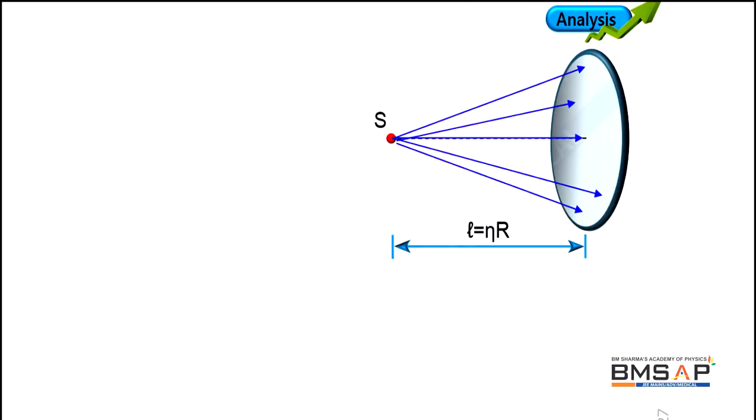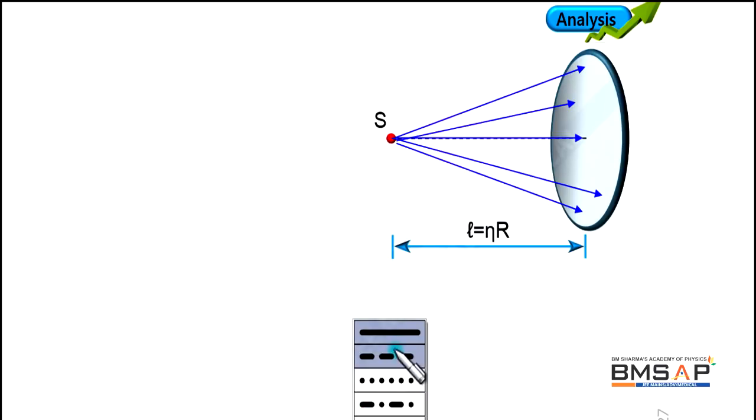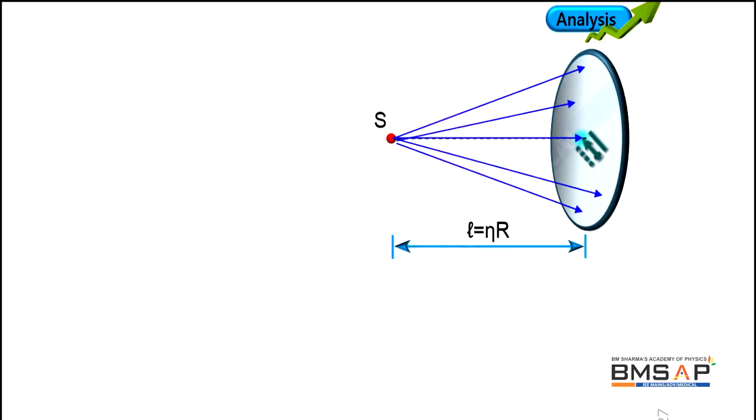Also, you can observe the angle between the direction of the radiation and normal to the surface is not constant. You can observe here, with the normal, this angle, suppose this angle is theta 1, right, and suppose here the angle is theta 2, and here you can observe the angle is 0 degree.